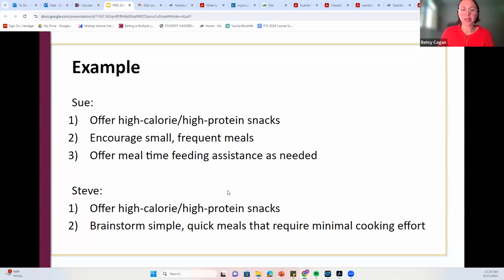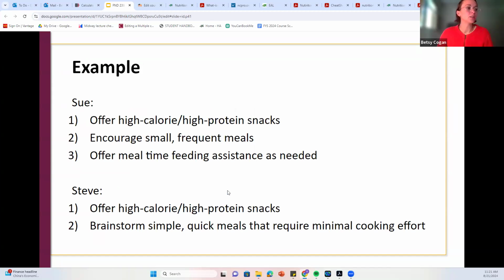So if we're going back to our example with Sue and Steve, for Sue, a nutrition intervention that is relevant, appropriate, and addresses the diagnosis: Sue might be offered high-calorie, high-protein snacks to help address some of her inadequate intake diagnoses.